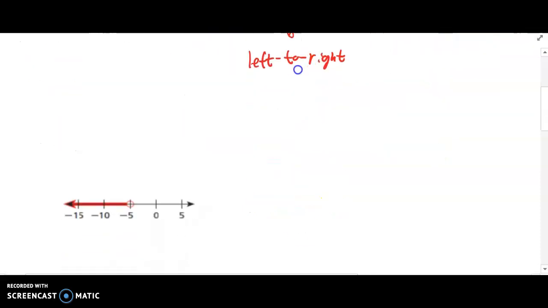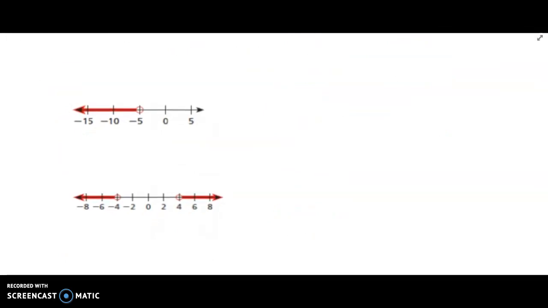Okay, let's look at some number lines that are provided for us and turn these into interval notation. As always, make sure that you are pausing and writing the original problems. So it goes all the way out here, so small that it's negative infinity, and it stops at 5. So I have negative infinity up until 5.